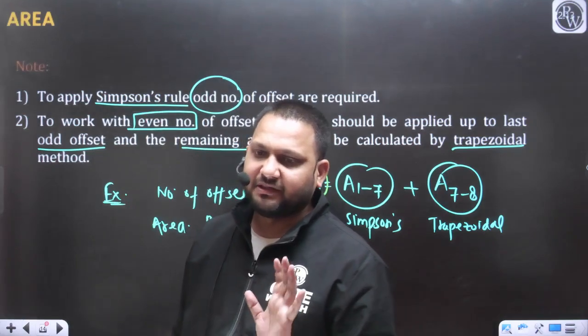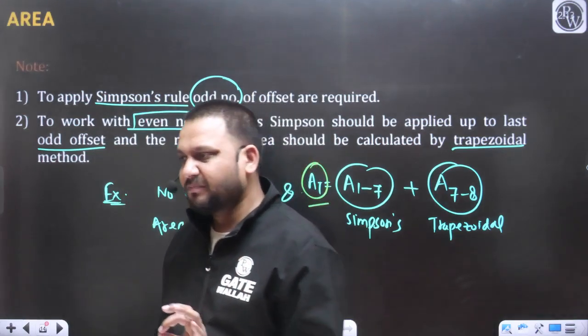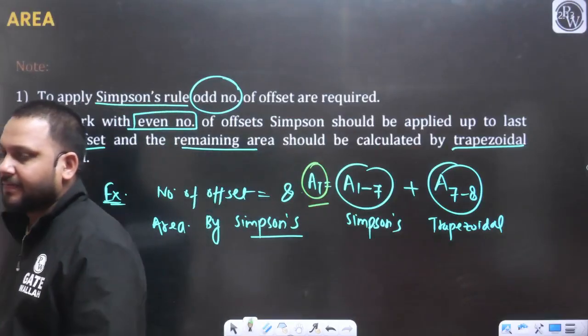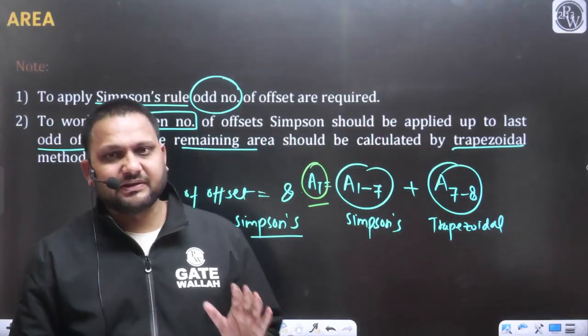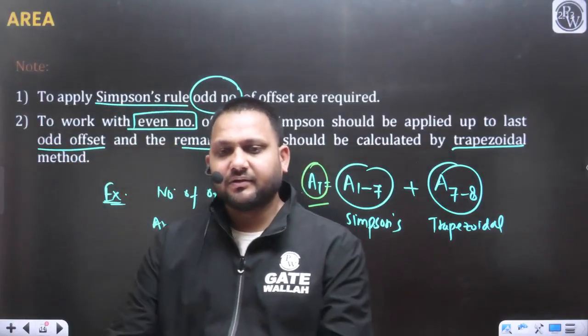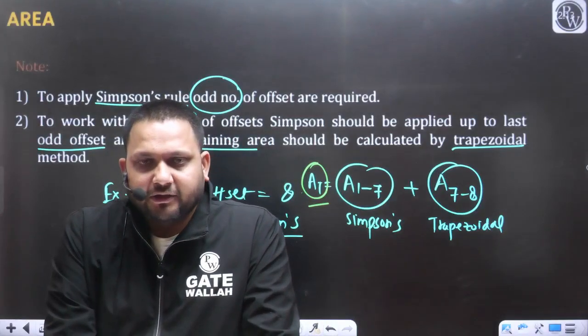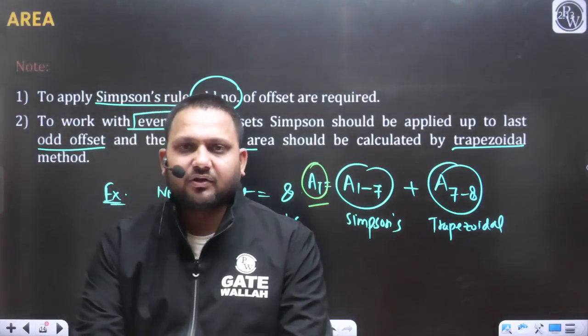Everyone, please confirm that the discussion till now, how we can calculate the area by the various methods, is clear to everyone. Which method is the most accurate method for the calculation of the area?